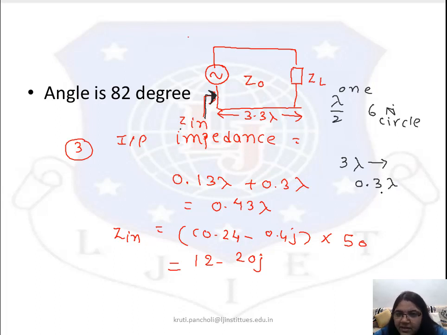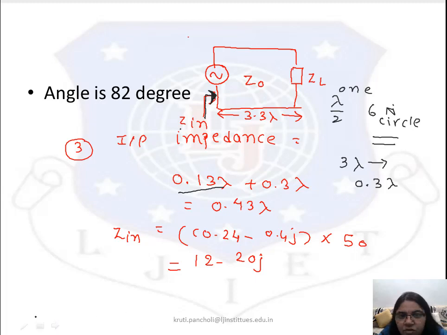So by moving the 6 times circle, the value is 0.13 lambda. But how much is remaining? Still 0.3 lambda. So I will add that 0.3 lambda to this value. So now my value is 0.43 lambda.